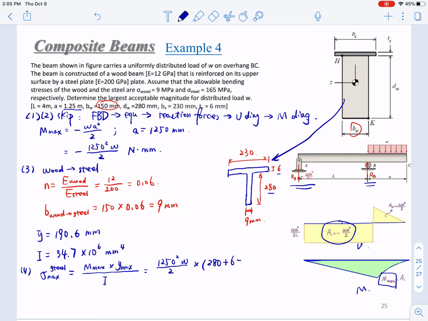The Y bar is 190.6, over the I, 34.7 million.